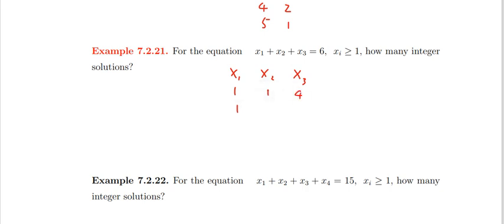So x1, so x2 becomes 2, so this is 3, right? Okay, so how about 1, 3, so 2, yeah, so 1, 4, if this x2 equals 4, then 1.